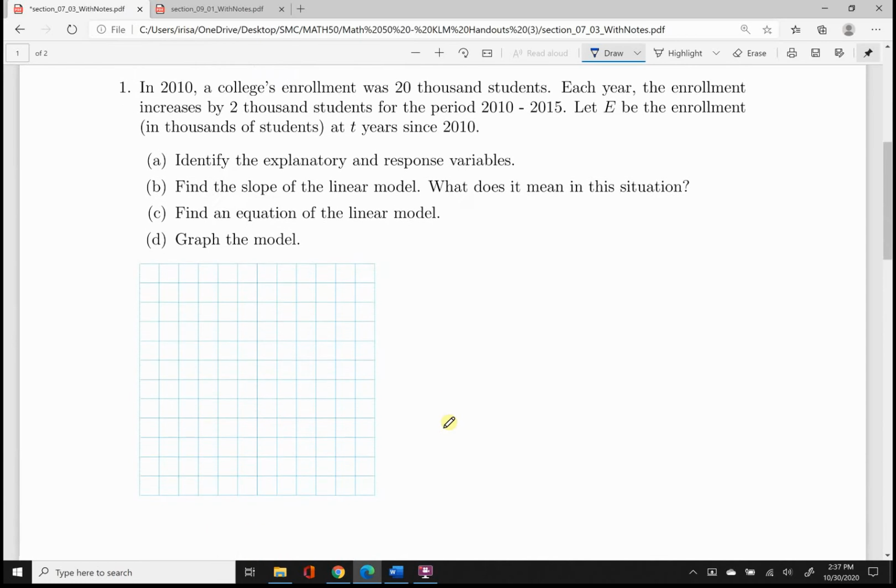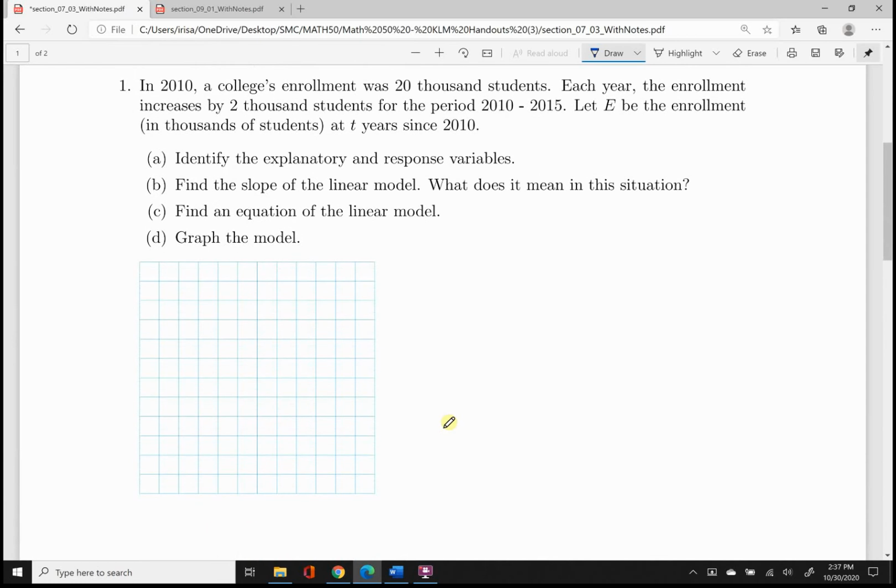Here's number 1. In 2010, a college's enrollment was 20,000 students. Each year, the enrollment increases by 2,000 students for the period of 2010 to 2015. Let E be the enrollment in thousands of students at T years since 2010. So let me let you in on a little secret, guys.